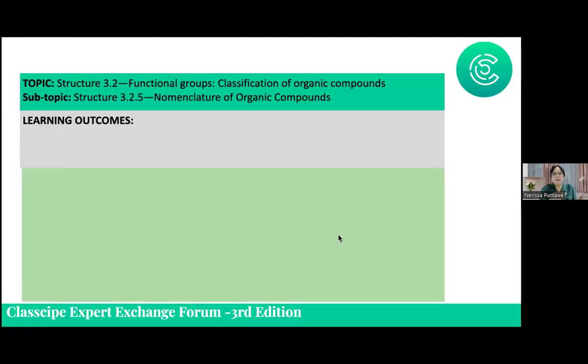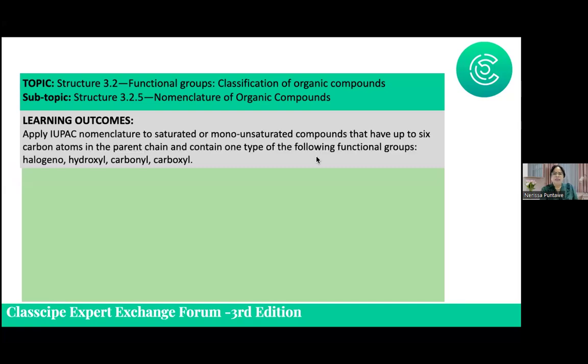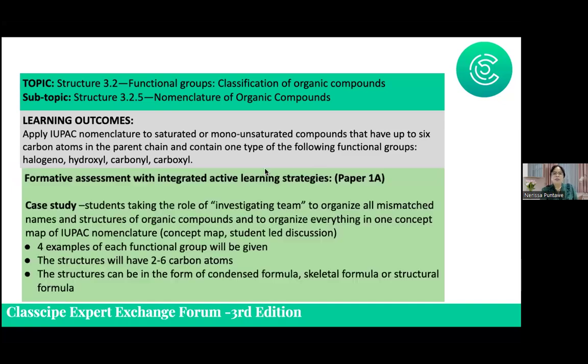So here we have topic structure 3.2, functional groups, classification of organic compounds, with a subtopic nomenclature of organic compounds. I think I mentioned this last time. This is more on the naming of the organic compounds, which is limited to the following functional groups: halogeno, hydroxyl, carbonyl, and carboxyl. So this is a formative assessment preparing the students for paper 1A.